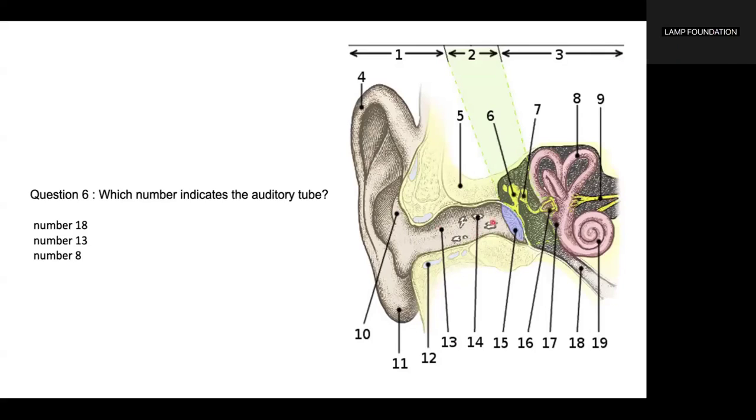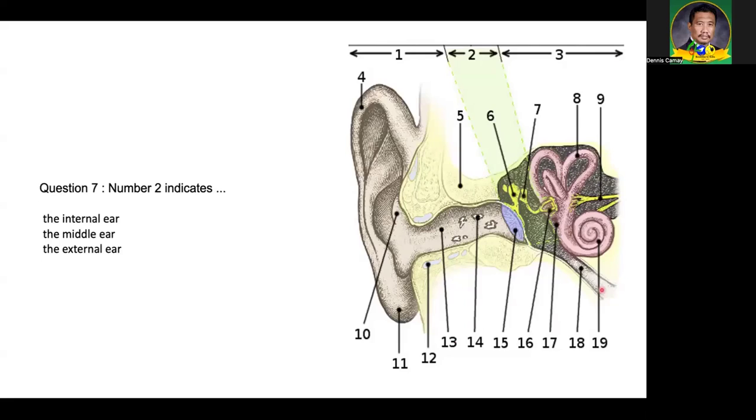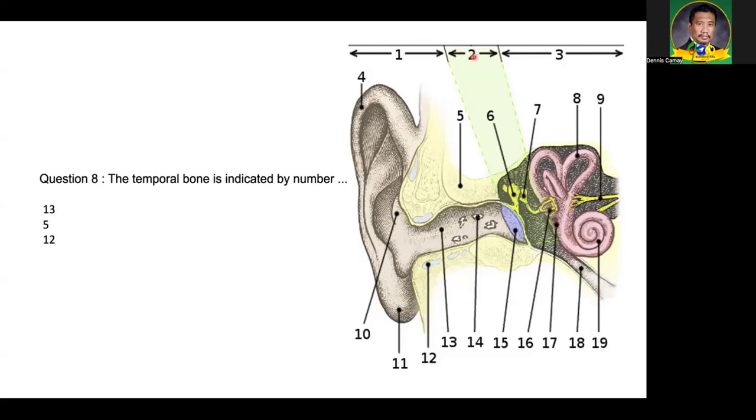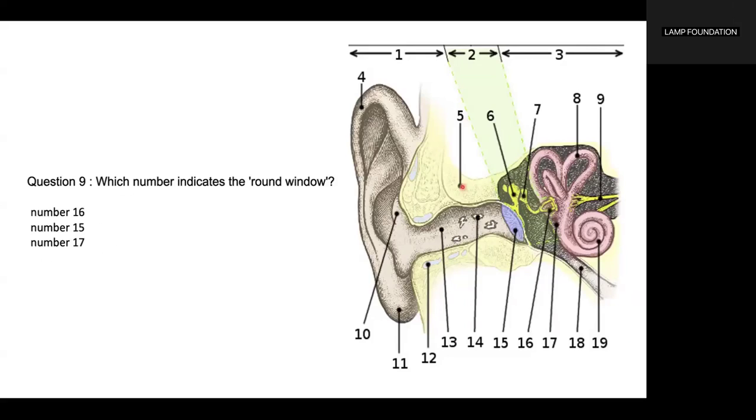Okay. Which number is the auditory tube? 18. Number 2 is the middle ear. Temporal lobe. Number 5. Okay. Round window.